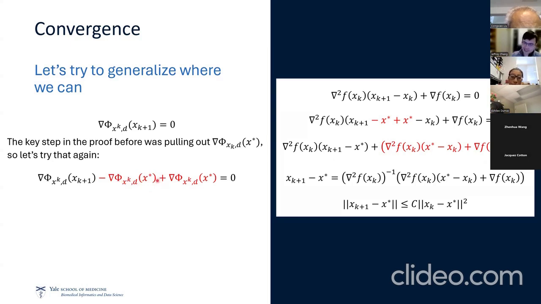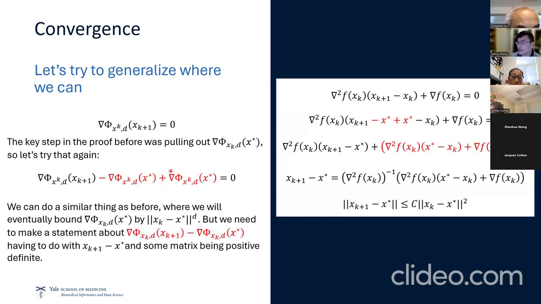So I haven't done anything here other than I really wanted to introduce this term into the proof. So, again, this is the approximation of the gradient at x star using the lemma I had on the previous slide. And again, hand waving most of the details, but we can argue that this quantity is going to be small.